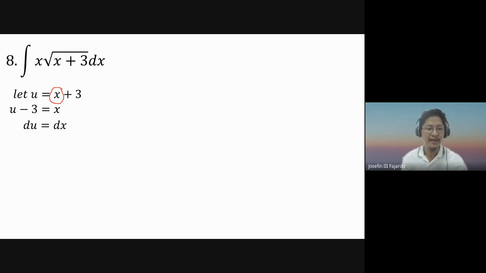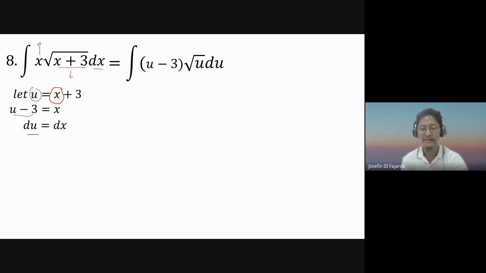So x will be equal to u minus 3. Okay? So itong x rather, papalitan na natin siya ng u minus 3, and then itong x plus 3, papalitan naman natin ng u, and then yung dx, papalitan natin ng du. So I have here. Okay? Malinaw?